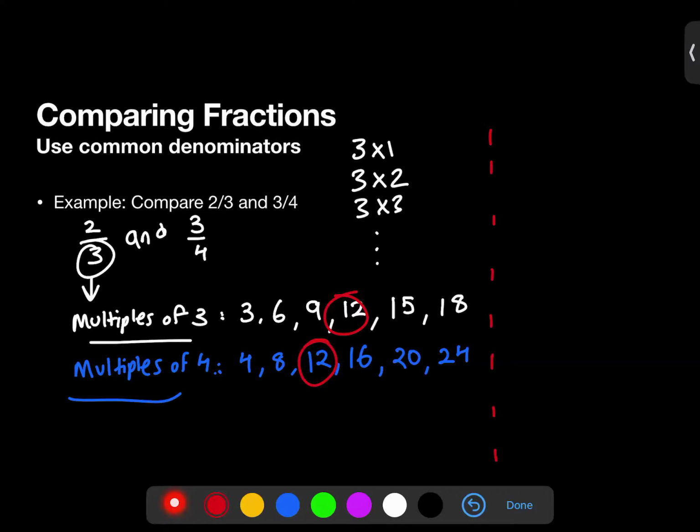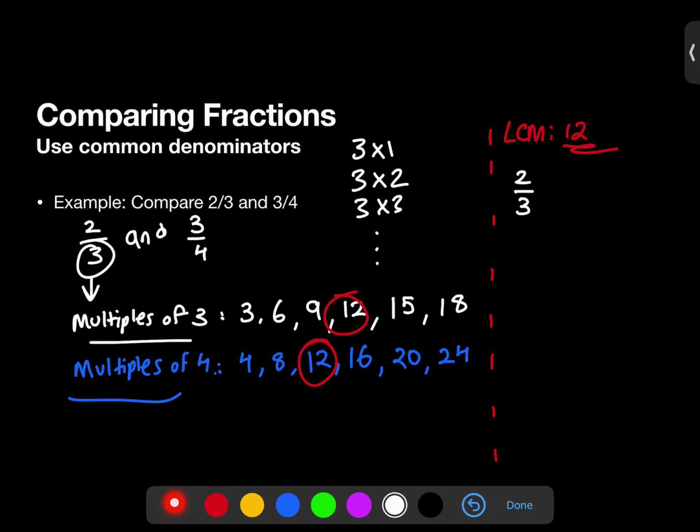So now, our LCM is 12, right? So we want the denominator for the first fraction and the denominator of the second fraction to both be 12. So if we take 2 over 3, what number do we have to multiply the denominator by to get 12?